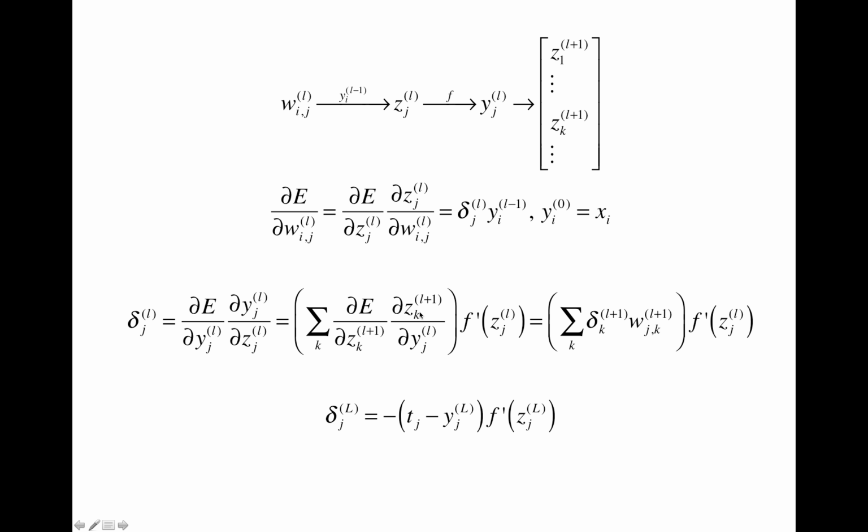And partial ZL+1K, partial YLJ equals to what? Just equals to the weights, the weights that are being multiplied with YLJ. What are the weights? Depending upon the subscript K. So it's JK.